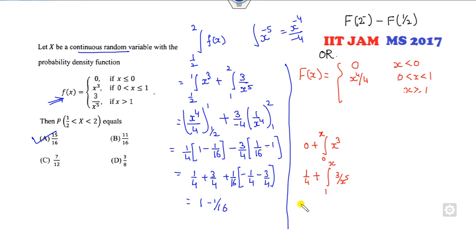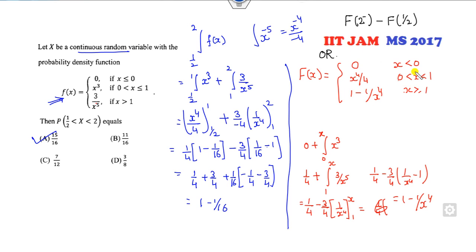So what is that? Answer is 1 over 4, 3 over 4 is outside, it is my 1 over x raised to power 4. So it's 1 over 4 minus, so 1 over x raised to power 4 minus 1. So it can be written as 1 minus of this.